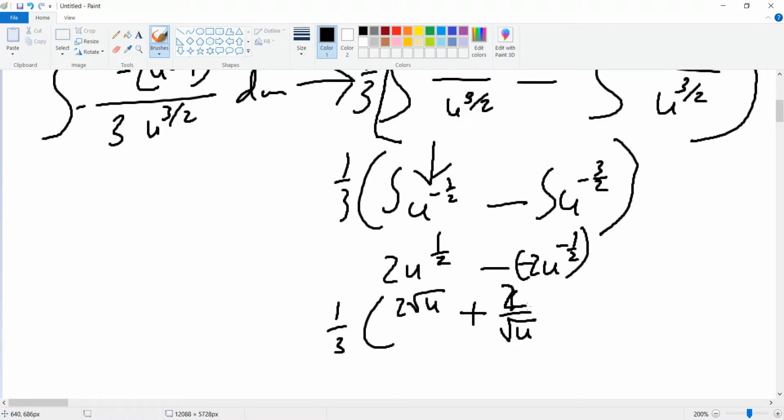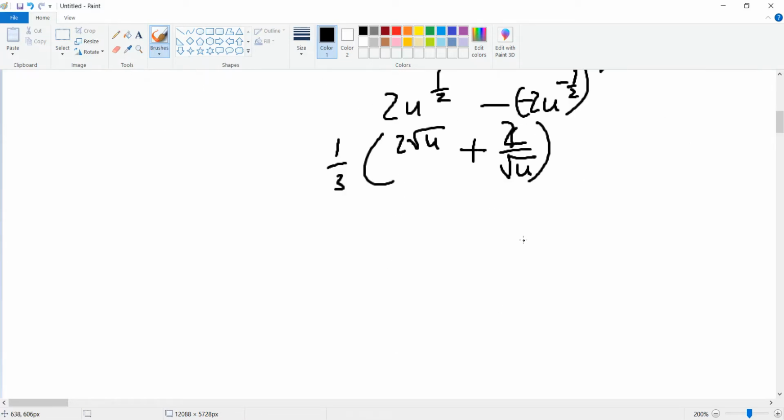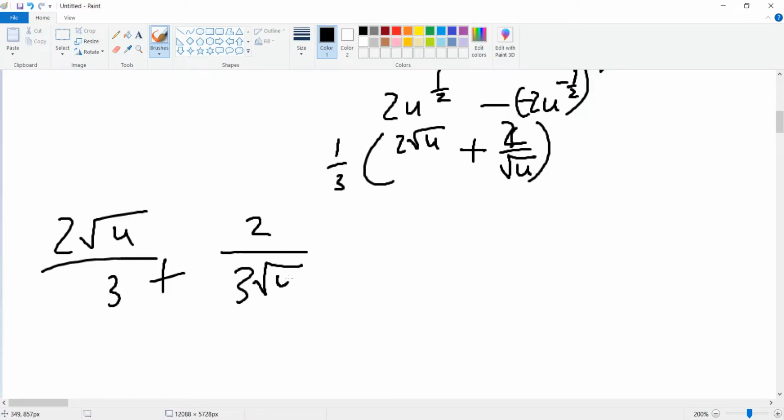Square root of u, and then you would distribute the 3 through it. So you would get 2u divided by 3 plus 2 divided by 3 square root of u.